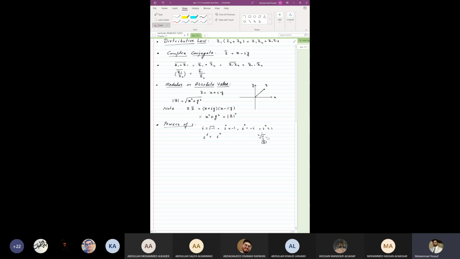So it is equal to the remainder after dividing this number by 4.